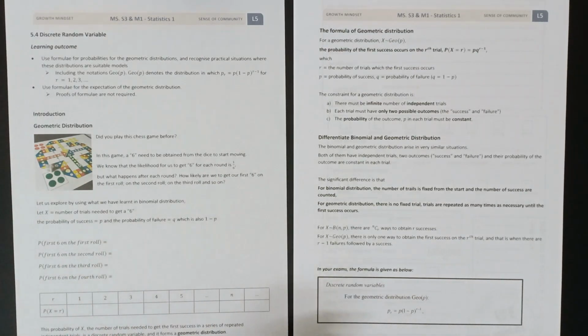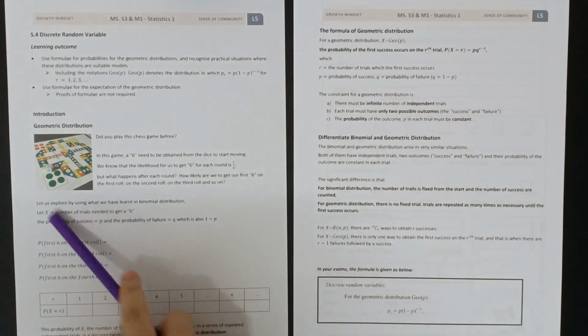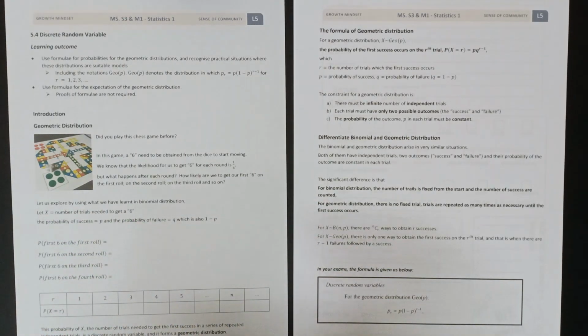After each round, as we keep trying, the chances of getting a 6 will be higher because we did a lot of trials. But what is the probability when we combine them and look at it in a bigger picture? Let's explore this with what we have learned before in binomial distribution.